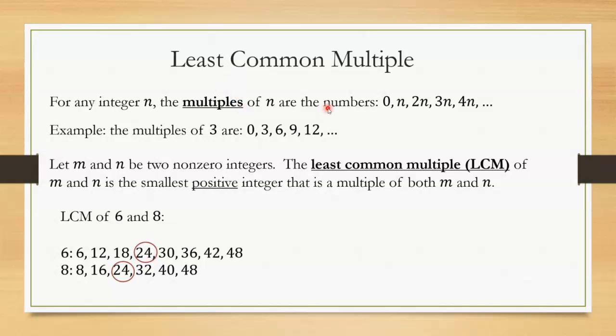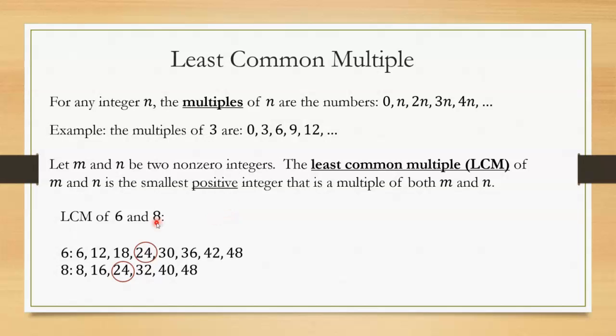Okay, so again, this is just a reminder of what multiples are. Although really 0, I can throw out. It is part of the definition, but for what we're going to do, we can really just disregard 0. And remember, for any two non-zero integers m and n, the least common multiple, the LCM, is the smallest positive integer that's a multiple of both m and n. You could actually extend this definition to 3, maybe even 4: the smallest positive integer that's a multiple of all the integers involved.